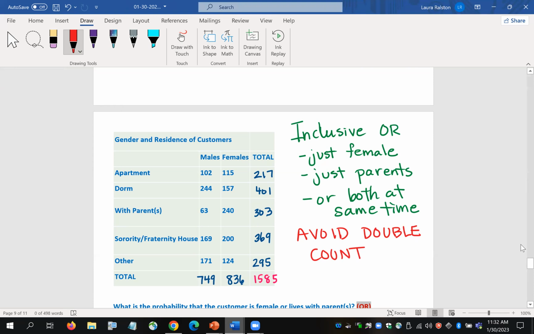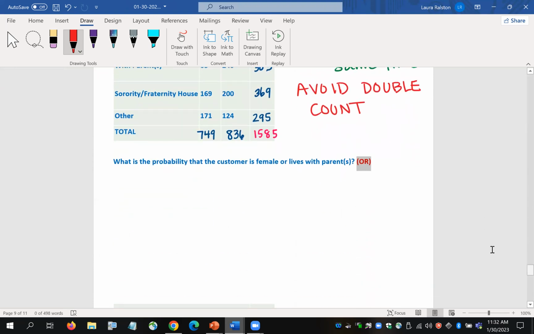When we think about or, we have to consider the probability that they're female, or, and it means to add, the probability that they live with their parents. But then we have to be careful because we don't want to double count. We have to subtract off the double count.